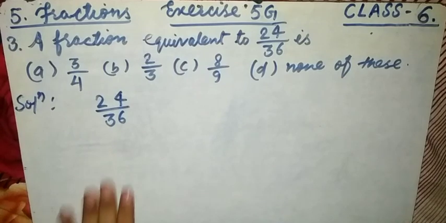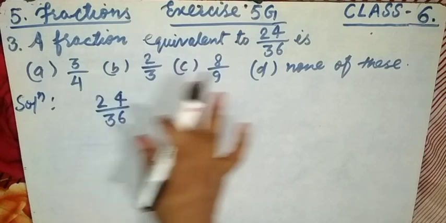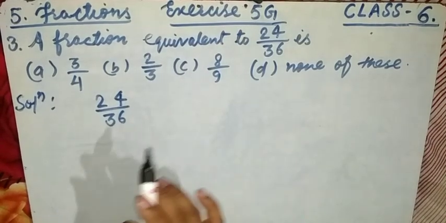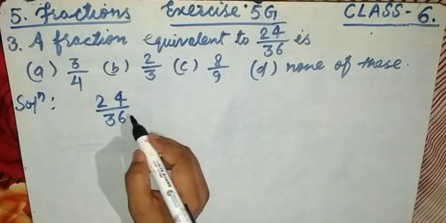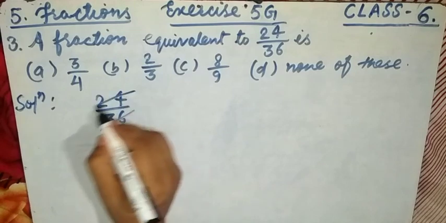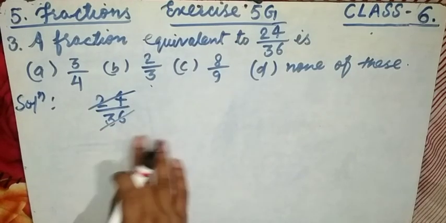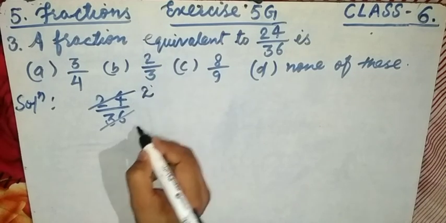We have to find the equivalent to this fraction. There are 4 options: 3 by 4, this and this. First of all, to make this in the shortest term, here 6 4s are 24, and 6 6s are 36, or either we can cancel by 12: 12 2s are 24 and 12 3s are 36.